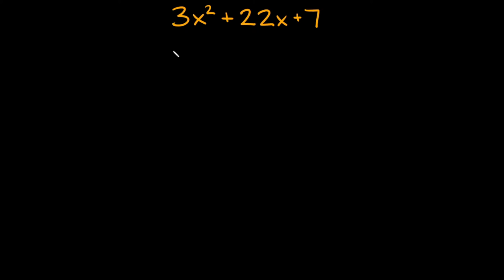The first thing you want to do is just write your parentheses right here. Whenever we had just an x squared, we would put an x right there and an x right there. But in this case, we have a 3. So what are two numbers you can multiply together to get 3?